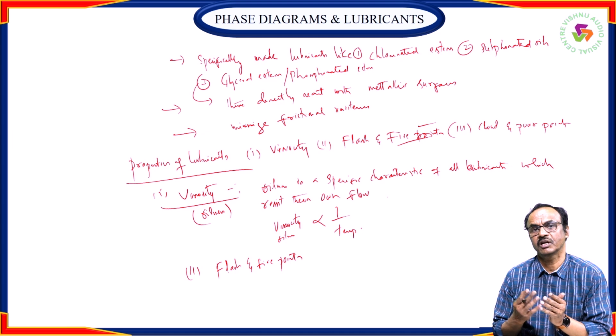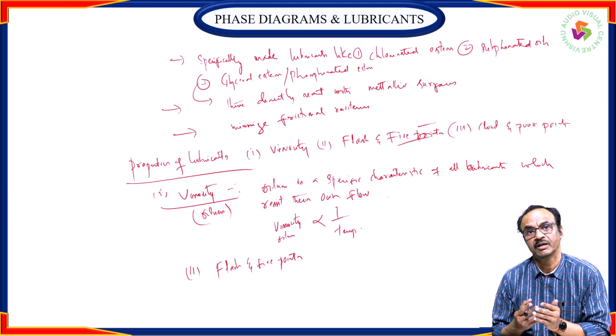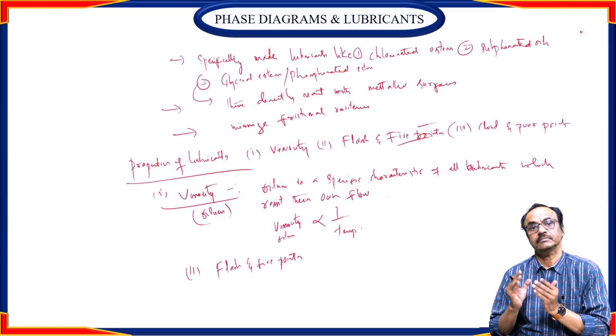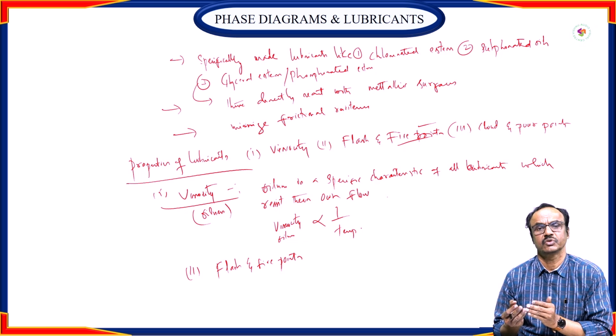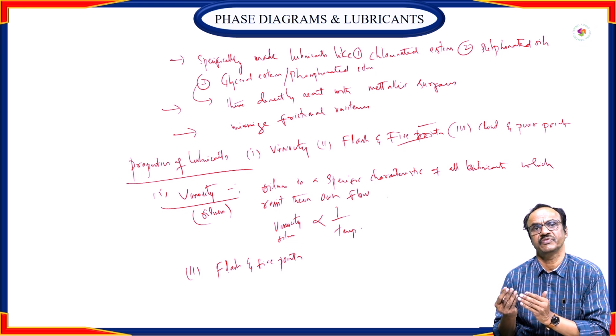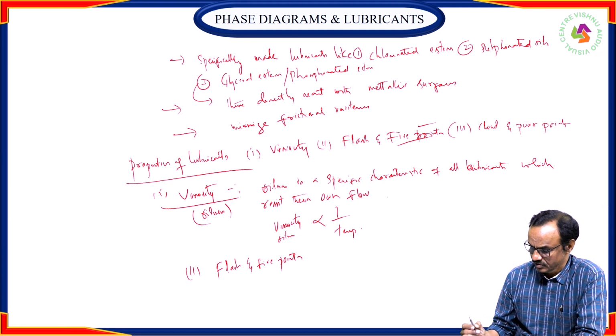Liquid cannot combine with oxygen. So vapors of oil, vapors of lubricant, vapors of fuel combine with oxygen and immediately get ignited. The minimum temperature at which sufficient vapors form is called the flash point.